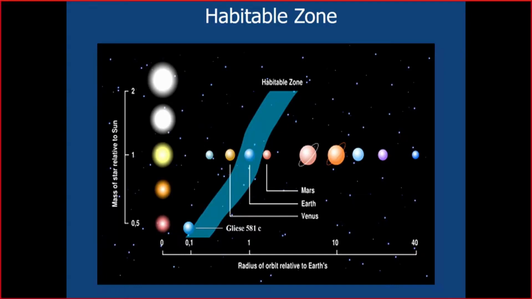For example, in our solar system, the distance is such that our Earth lies in the habitable zone. On the fringe, Mars and Venus are there, where some possibility of life exists. Otherwise, Mercury is too hot, and Jupiter, Saturn, and other planets are too cold, so they do not lie in the habitable zone.